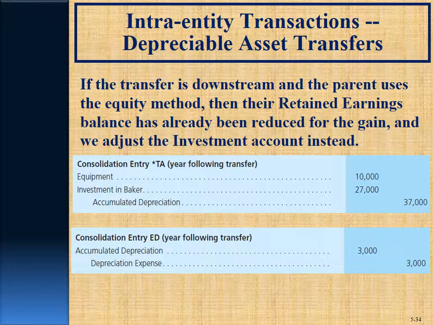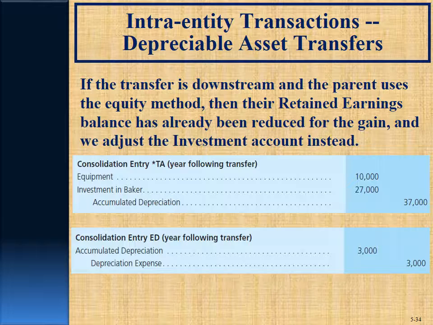Now, if the transfer is downstream and the parent uses the equity method, then their retained earnings balance has already been reduced for the gain, and we would adjust the investment account instead in that subsequent year. So it depends on how the parent accounts for the investment itself, because all of these unrealized profits would be directly recorded and change the investment account.